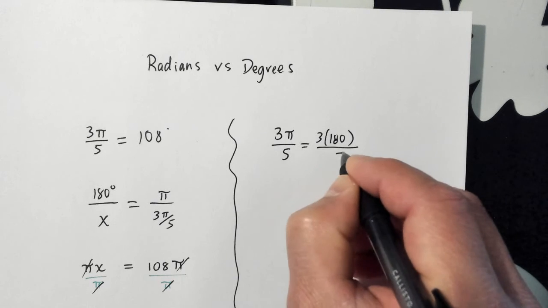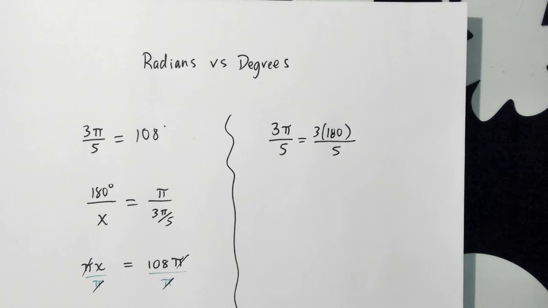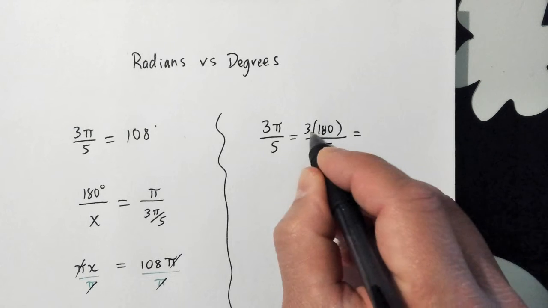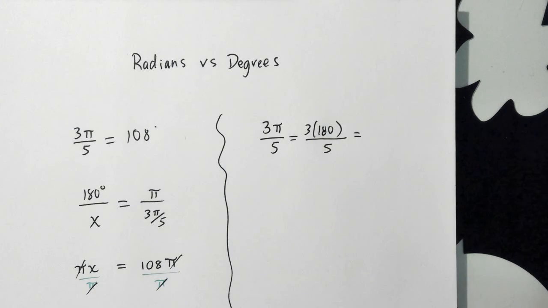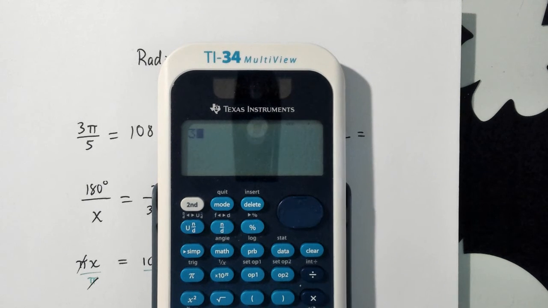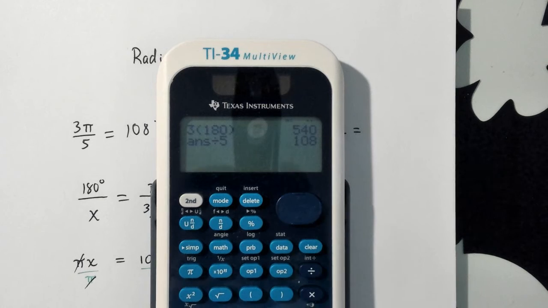Pi, I replace with 180. Why can I do that? Because it's legal to do that. And then you just go 3 times 180 and divide that by 5. Guess what we're gonna get? 108. 3 times 180, divide by 5. 108. What did I say?